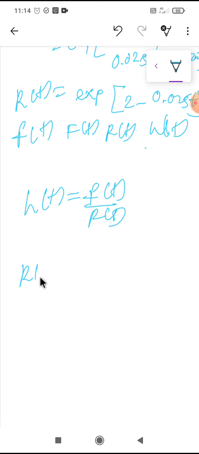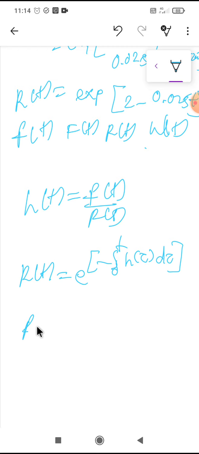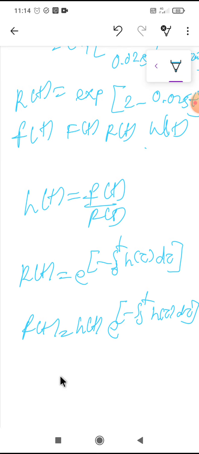Then R of t is equal to e raised to minus the integral from 0 to t of h of tau d tau. Then f of t is equal to h of t into e raised to minus the integral from 0 to t of h of tau d tau. And Q of t, the failure, is equal to F of t, which is equal to 1 minus R of t. This is failure equals 1 minus reliability.